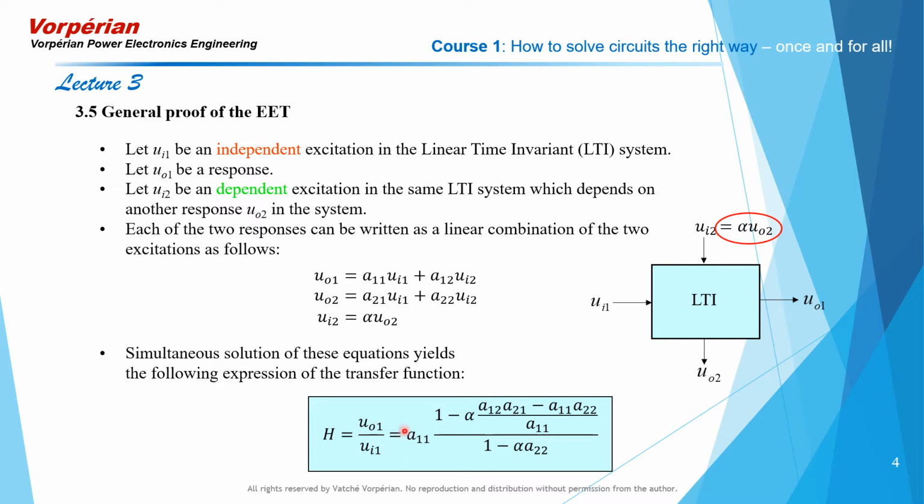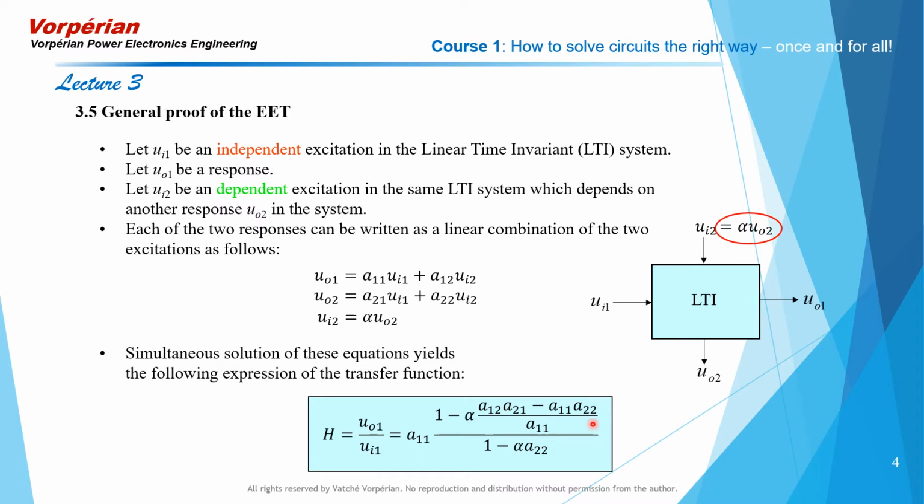The extra element theorem basically tells you that the transfer function that you're looking for can be written in this form, where the extra element, which has a gain alpha, appears once linearly in the numerator and once linearly in the denominator, what they call the bilinear form.